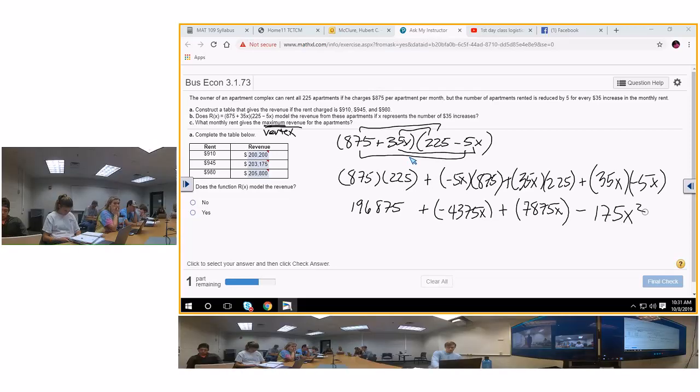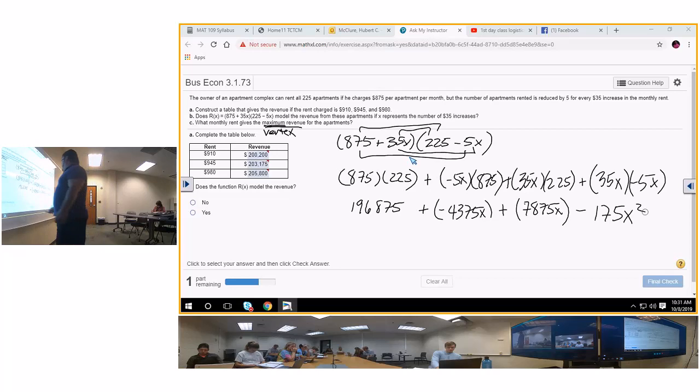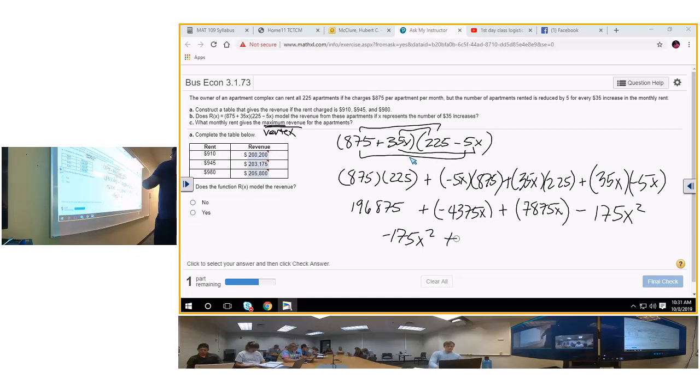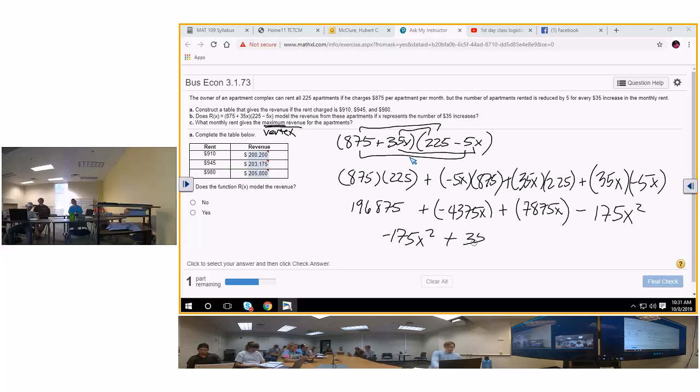Okay, so somebody add the middle two for me, and we got negative 175x squared, and that's going to be minus 4375, and it's going to be a positive 7875. So what's negative 4375 plus 7875? 3,500. Yeah.